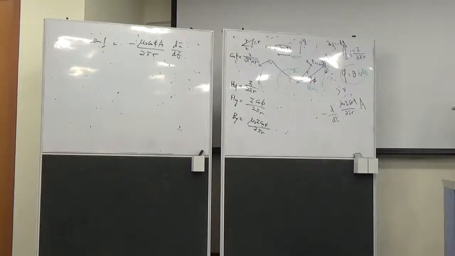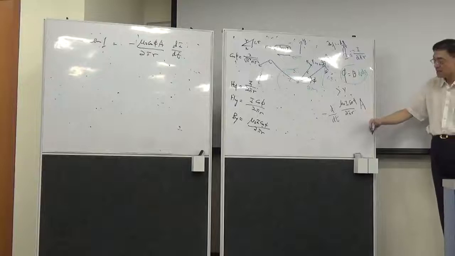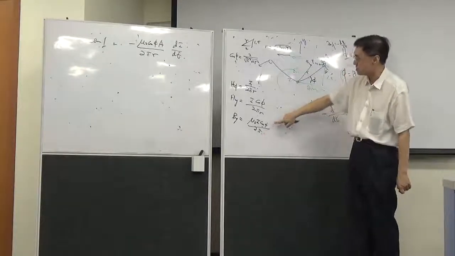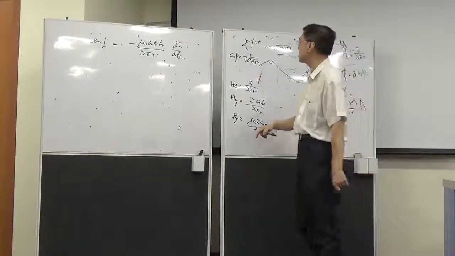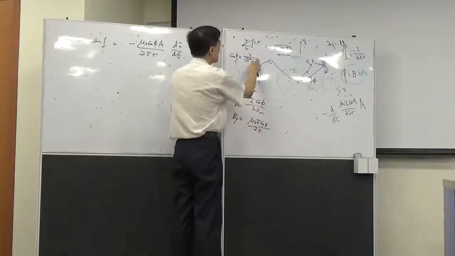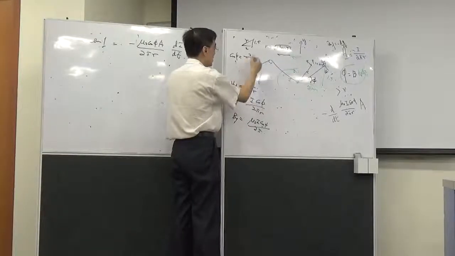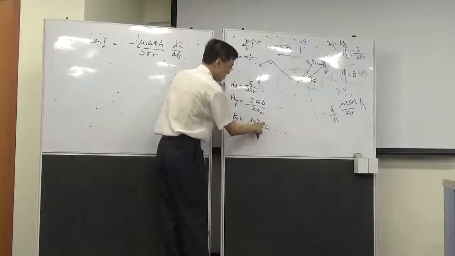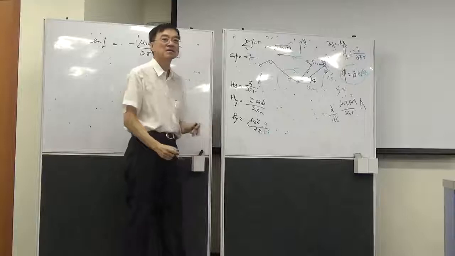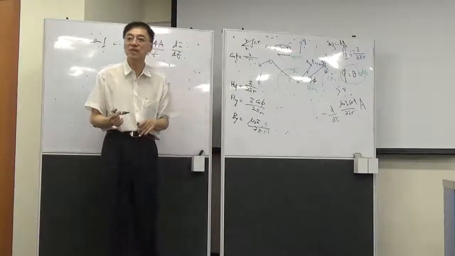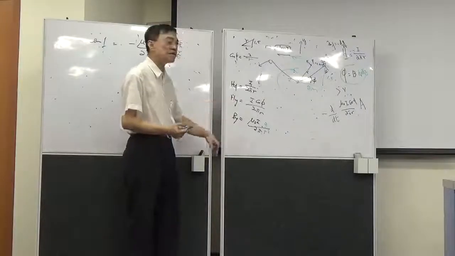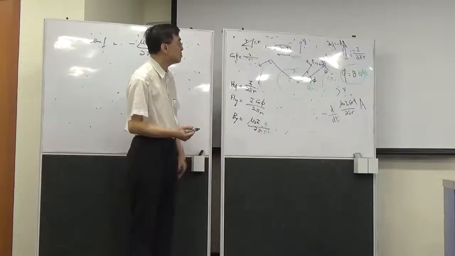But who? This is R. B is R. And cosine phi. And cosine phi is equal to 2 over R. Okay, so this is 2 over R squared. Okay, 2 over R squared. Right. Now, 2 over R squared. What is 2 over R?